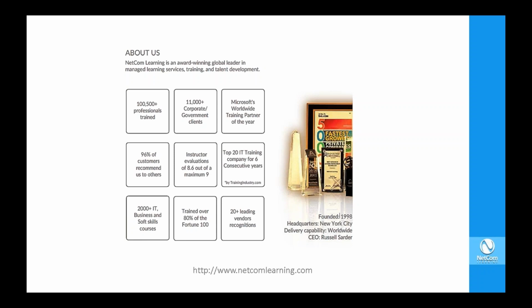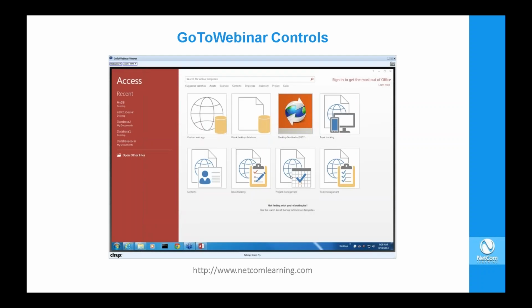Now let's go into the webinar logistics. To start with, you have the option to adjust the window size to your liking. Simply hit the escape key and find the zoom button on the top left corner of your GoToWebinar viewer, and you can select whatever fits your window.